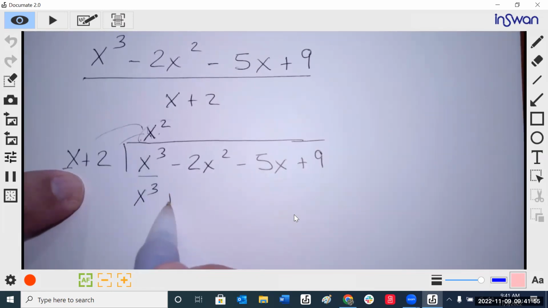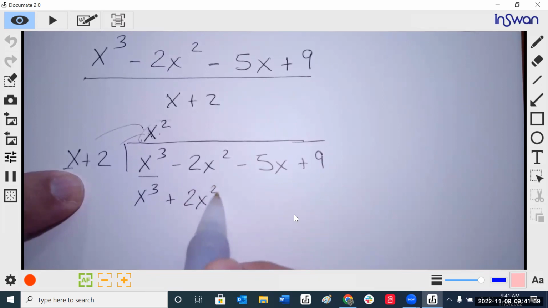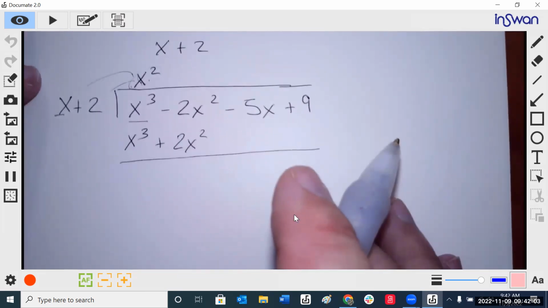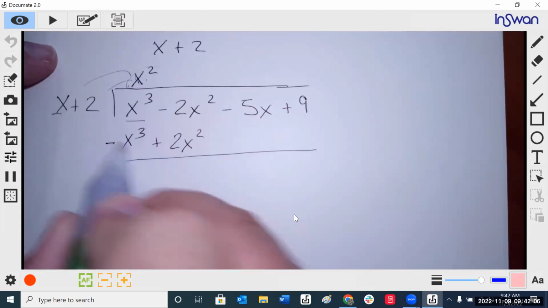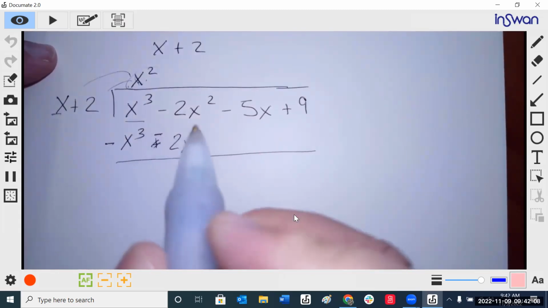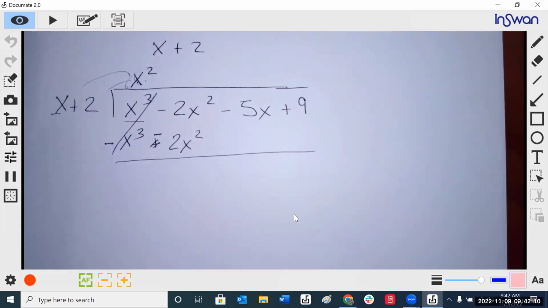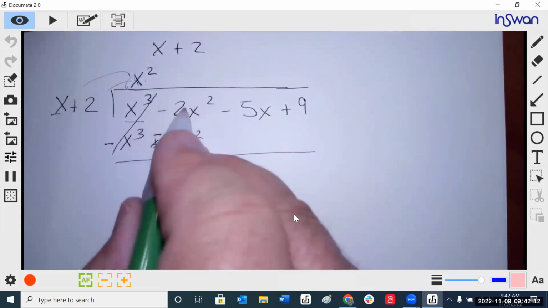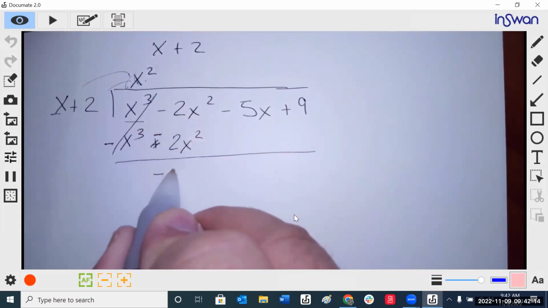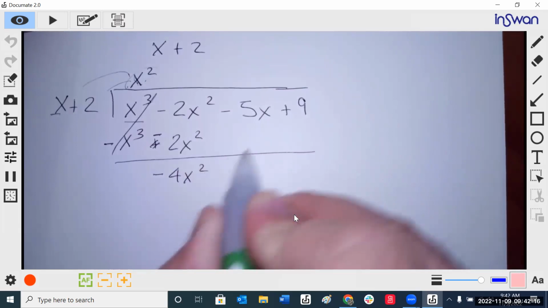Positive times positive is a positive. X squared times 2 is 2x squared. Change the signs and add. First term cancels. Negative 2, negative 2 makes it negative 4x squared.